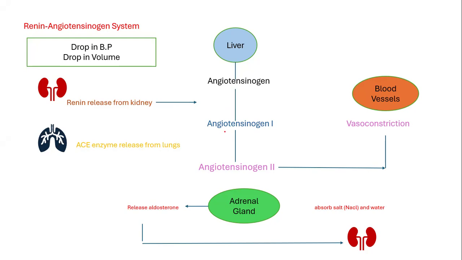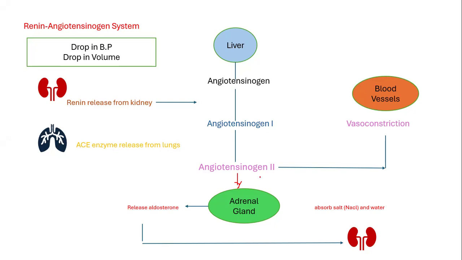This will convert angiotensin 1 into angiotensin 2. So what are the functions of angiotensin 2? It's going to work on the adrenal gland. Angiotensin 2 is going to stimulate the adrenal gland, and the adrenal gland will release aldosterone.